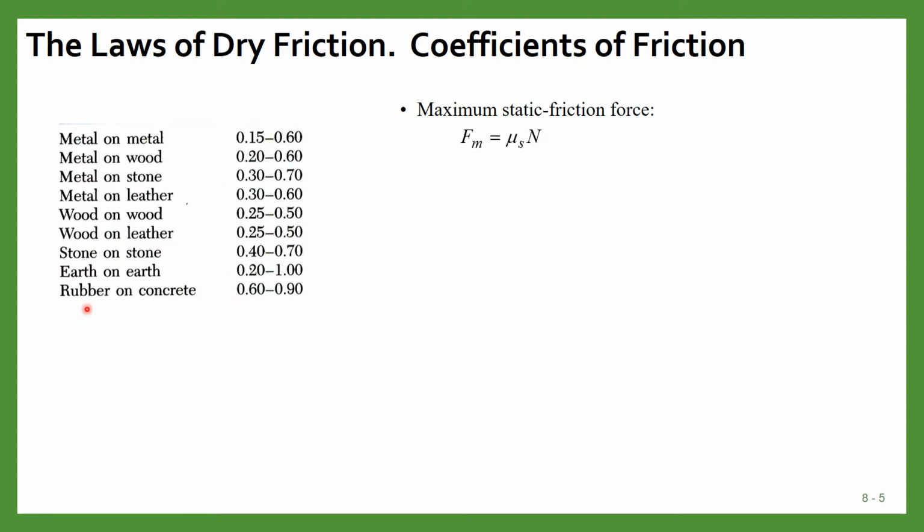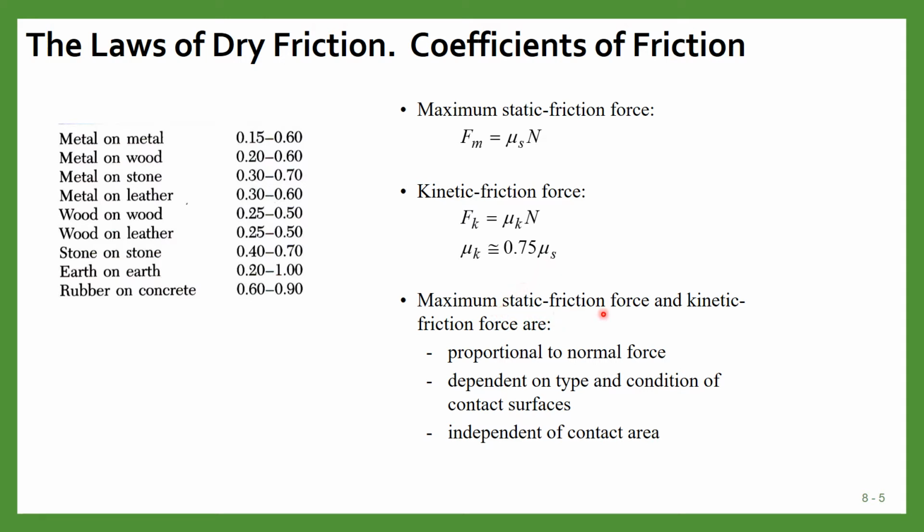For example, if rubber is placed on concrete, the value is very high, varying from 0.6 to 0.9. As we know, the kinetic friction force is slightly lower than the static friction, approximately around 75% of the static friction force.